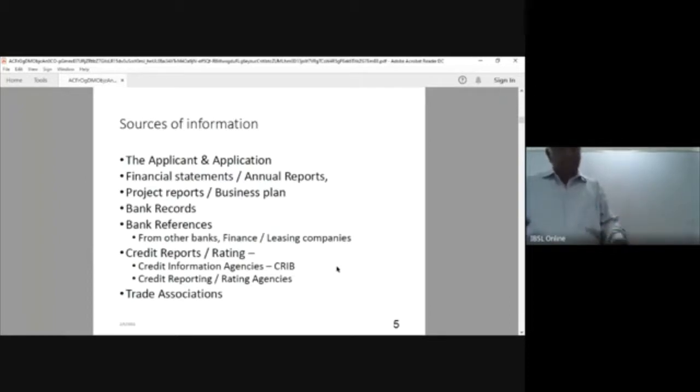Then financial statements, annual reports, project reports, business plan, bank records, bank references from other banks, finance or leasing company, then credit reports or credit rating. These are from credit information agencies. In our country, it is CRIP we were discussing. And then credit reporting and credit rating agencies.